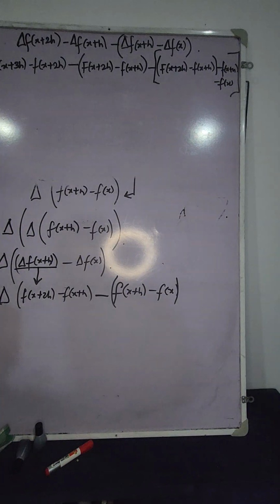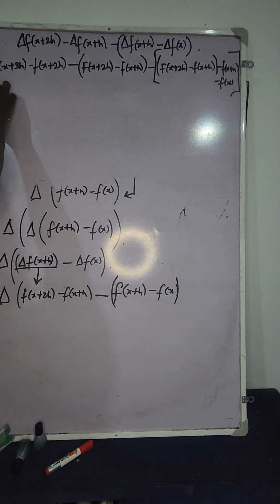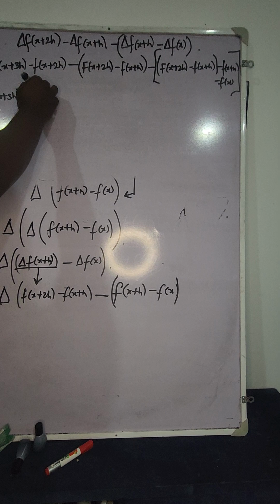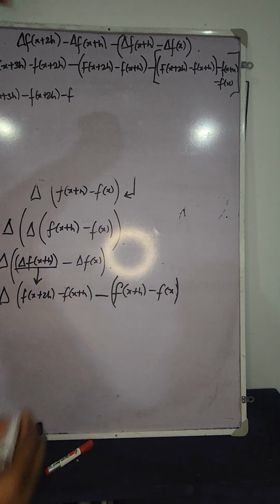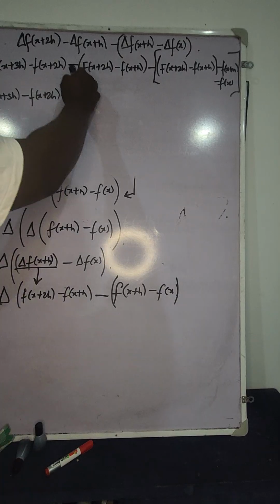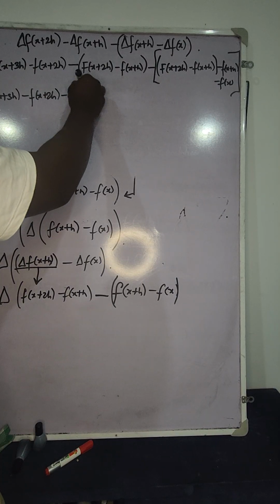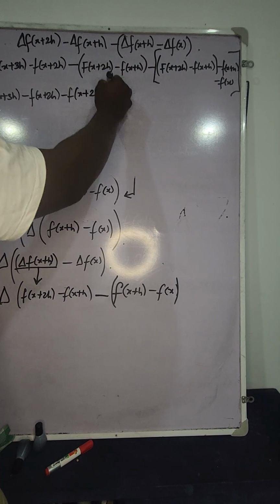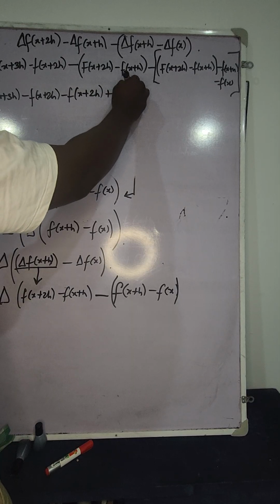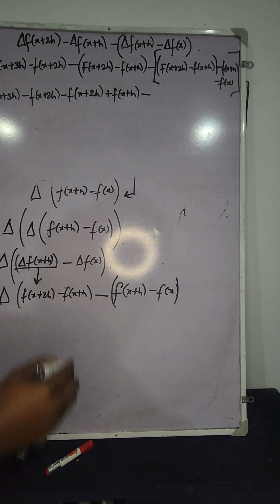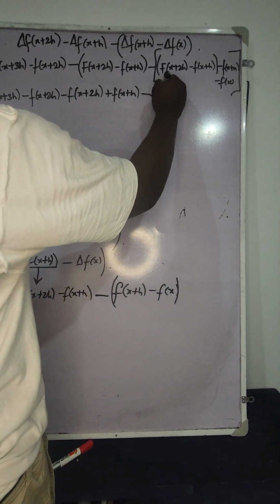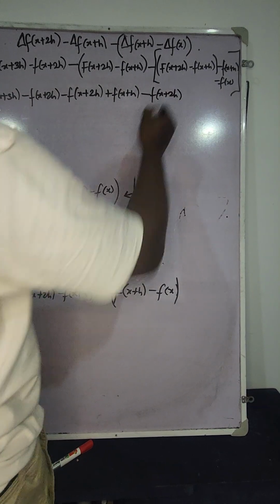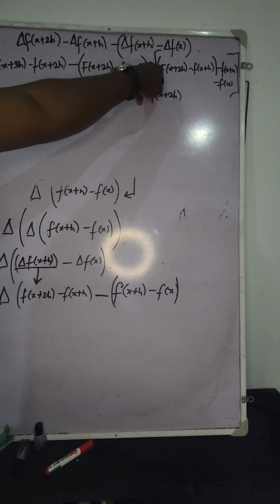So what do we have here? We have f of x plus 3h minus f of x plus 2h minus f of x plus 2h. So this minus here, minus times minus is plus f of x plus h, and minus f of x plus 2h. Now this will be a plus, right?